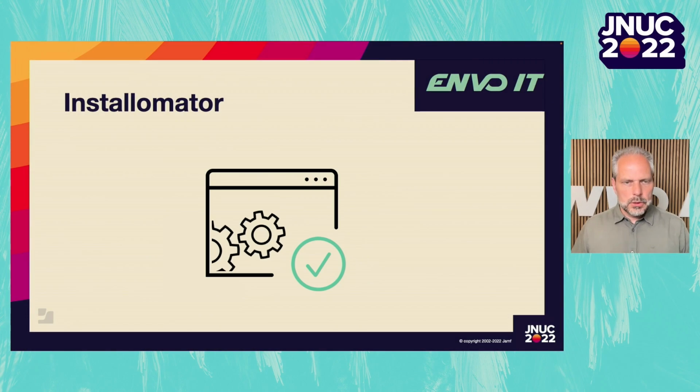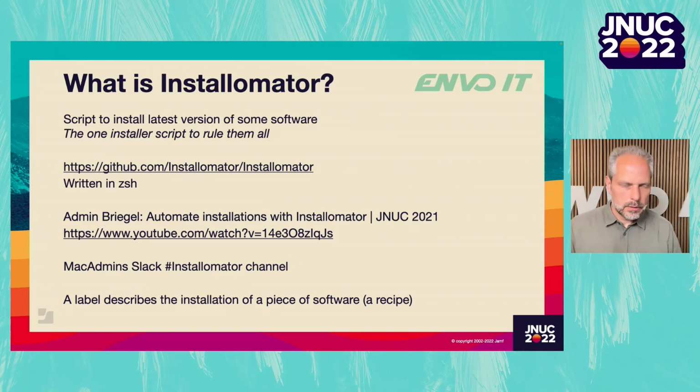So here we will be talking about Installomator. I know that we have been talking about that before from the team of the Installomator collaborators here. So I will give a brief introduction and go on. Installomator can be found on GitHub, and I have provided the link here.